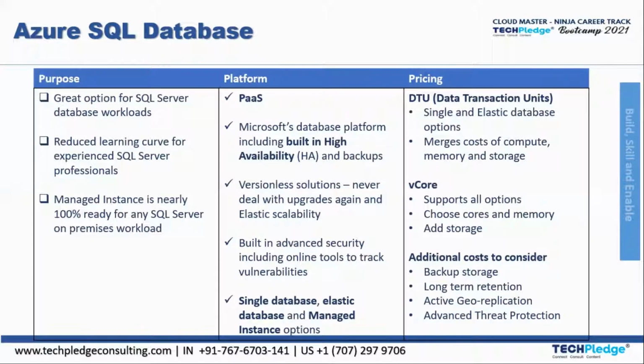How do we get the databases? First one, DTU, database transaction unit. It comes with a single and elastic database option. So you must be wondering, what do single and elastic database mean? Single database, per se, is for me to store the data separately. If I talk about any school, in our school we have different classes.